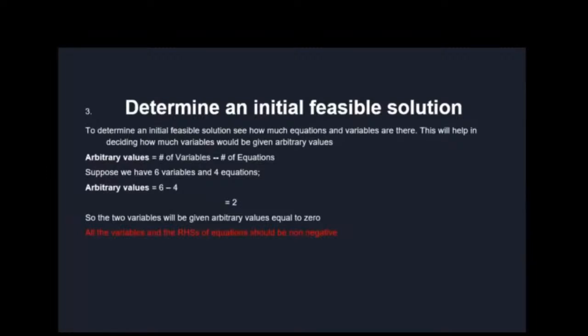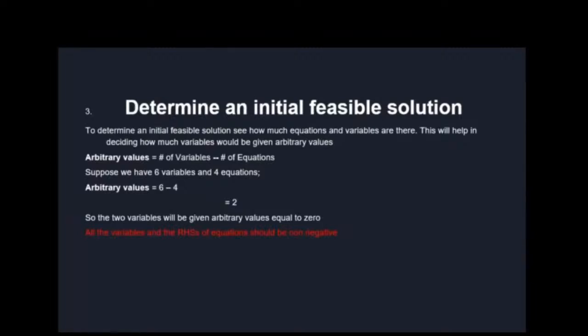Now we have the third step, determine an initial feasible solution. To determine an initial feasible solution, see how many equations and variables there are. This will help in deciding how many variables will be given arbitrary values. We have a formula for this: arbitrary values is equal to the number of variables minus the number of equations.